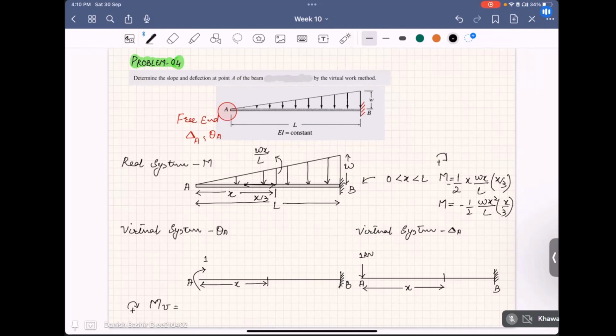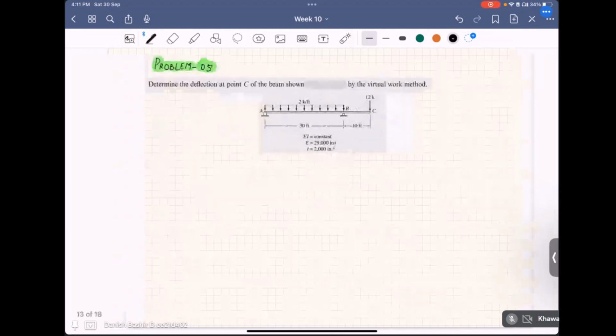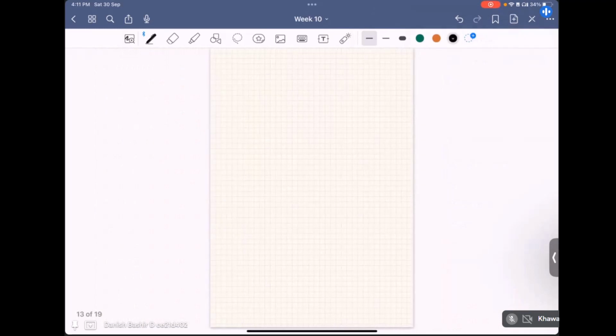At a section x, for determining the deflection delta, taking the clockwise moments as positive, Mv for 0 less than x less than L will be equal to minus 1 times x, that is minus x, because this is causing an anti-clockwise moment here. So we will use our formulations for slope and deflection.